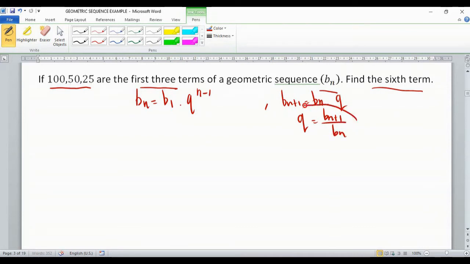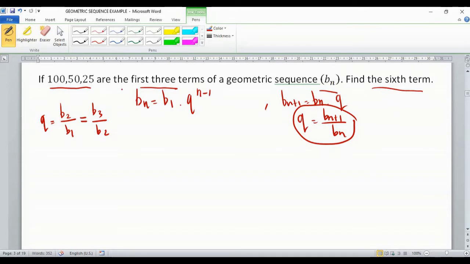So we can find the ratio first. Like I said before, you need to compare at least two of them: the second term over the first term should equal the third term over the second term.